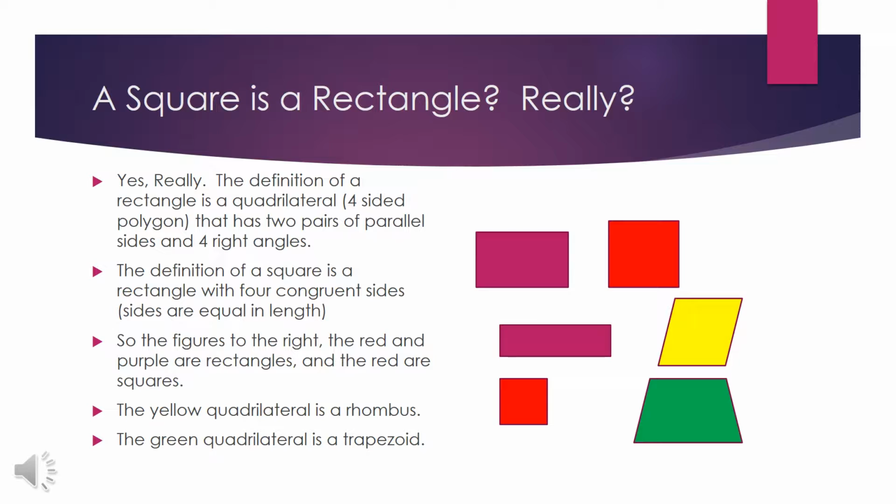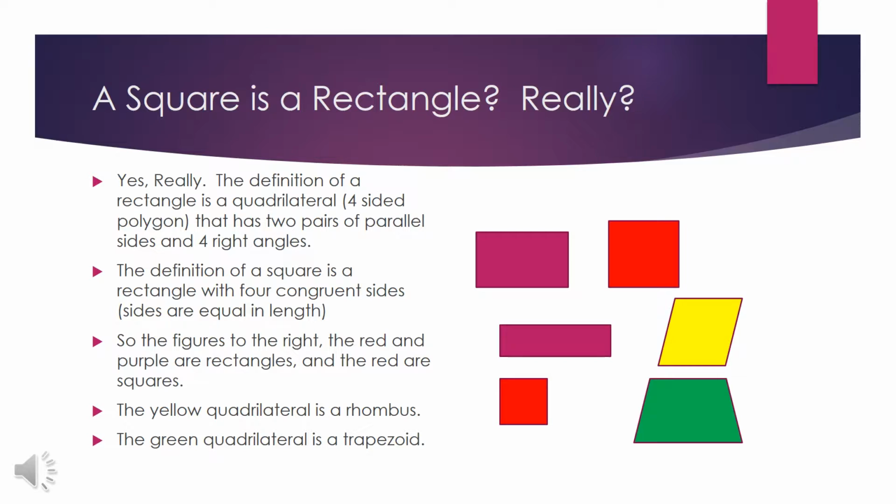So the addition of one more criterion makes it a square, and that is that all the sides are equal, or congruent. The sides are the same length, and that makes a shape a square and a rectangle and a quadrilateral and even a rhombus.